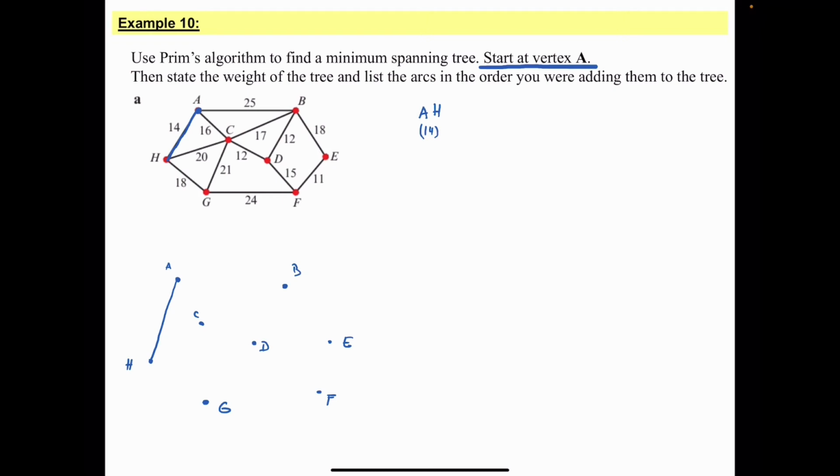It's easy because I don't have to look at B, E, F or D, I'm just looking at the neighbors. AB is 25, AC 16, then I have 20, and then 18, so obviously AC is the shortest one. So AC, 16.